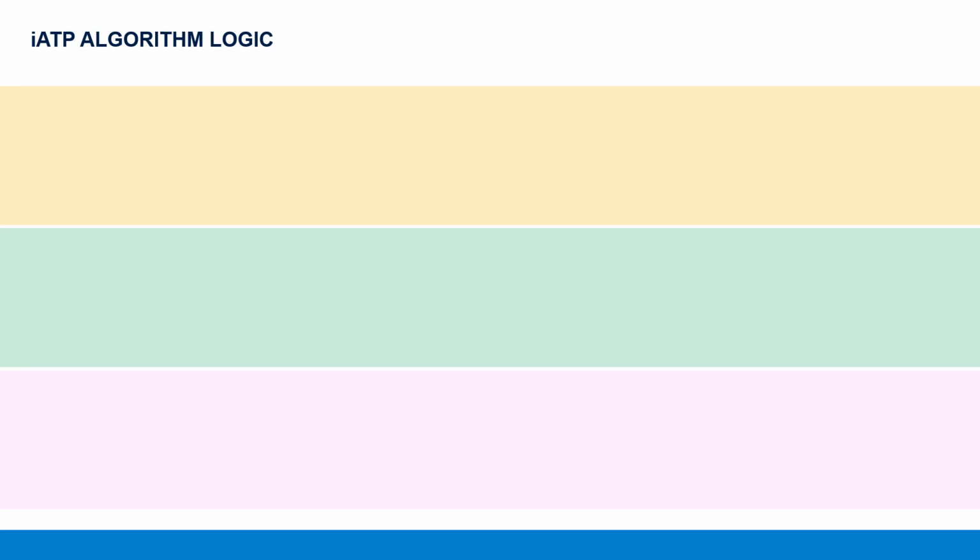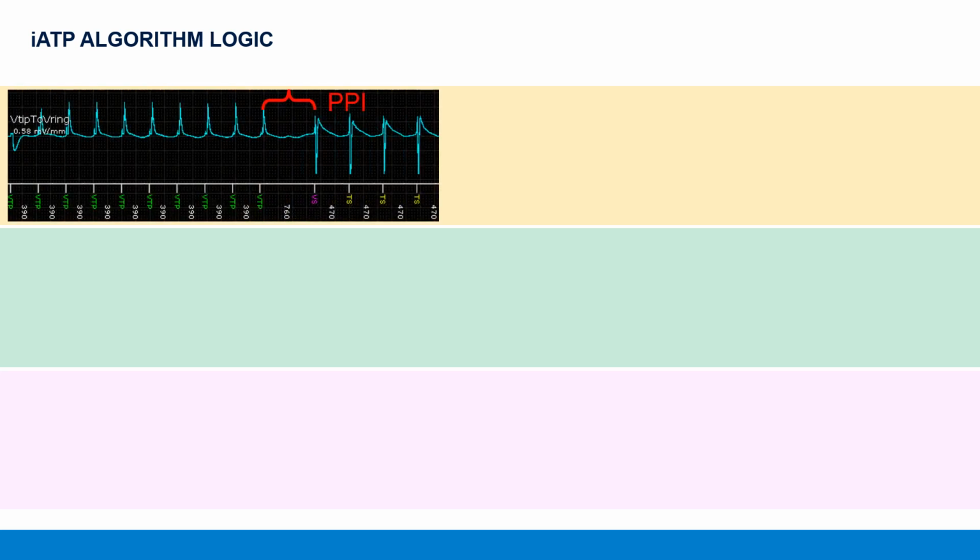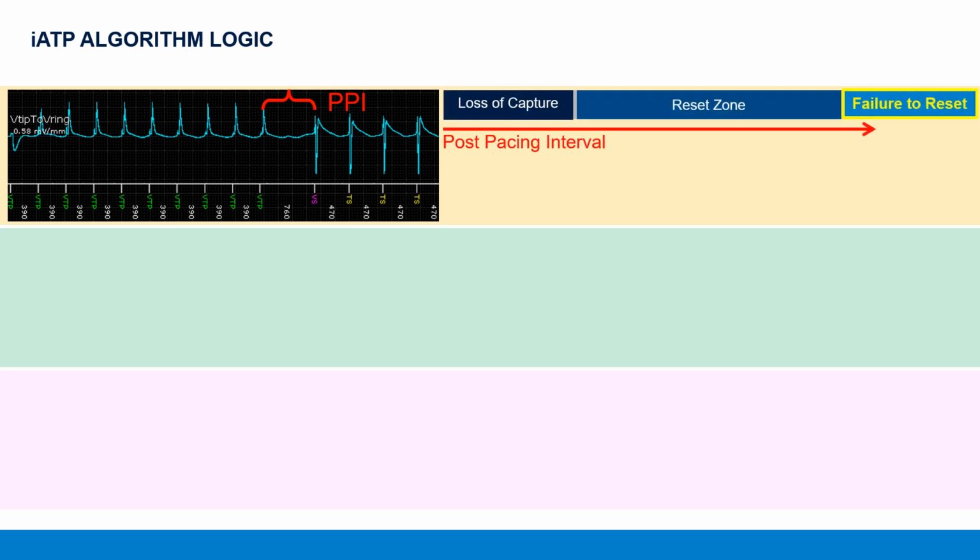So let's again review those three scenarios, now in the context of how the IATP algorithm thinks about the post-pacing interval when VT failed to terminate with an ATP sequence. If you have a really long post-pacing interval, that would tell us that we fell into that failure to reset zone, meaning the S2 never made it to the circuit.